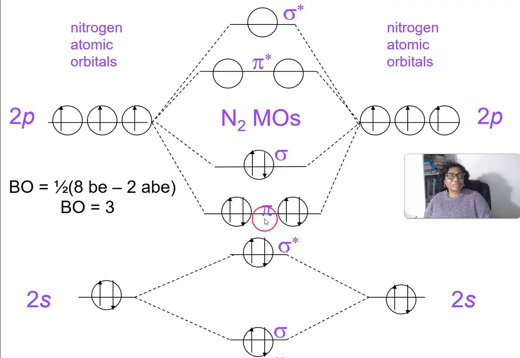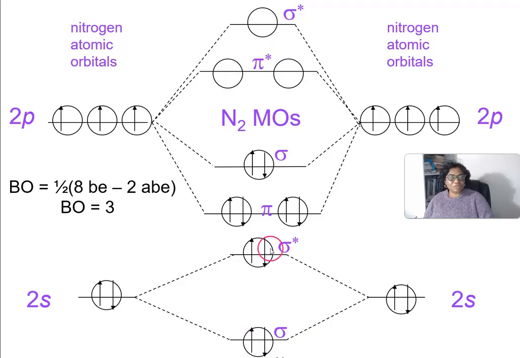For oxygen, the sigma was before the pi. So we have 1, 2, 3, 4, 5. Each of them brought 5 electrons, and so they have 10 electrons to fill.